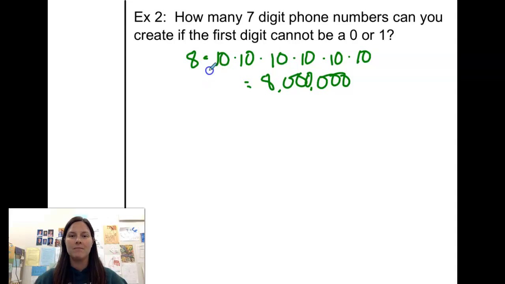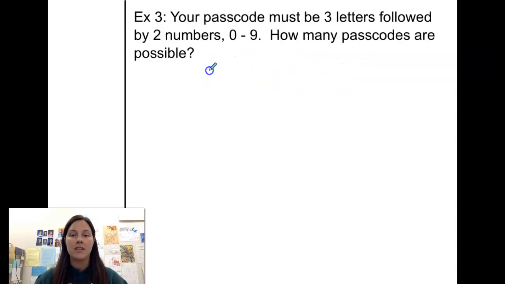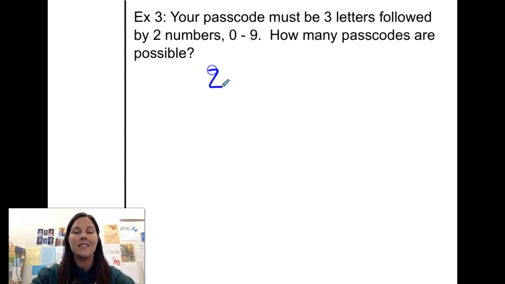All right, now we're creating a passcode. It has to be 3 letters followed by 2 numbers. So notice that we have 5 different digits that we're going to be typing in for our passcode. So for the first option in our passcode, there are 26 letters in the alphabet. Now in a passcode, usually you can repeat.